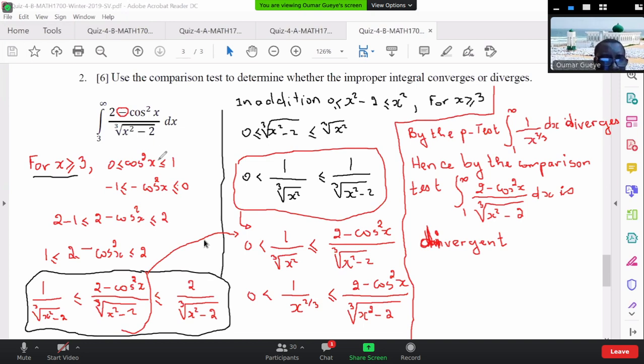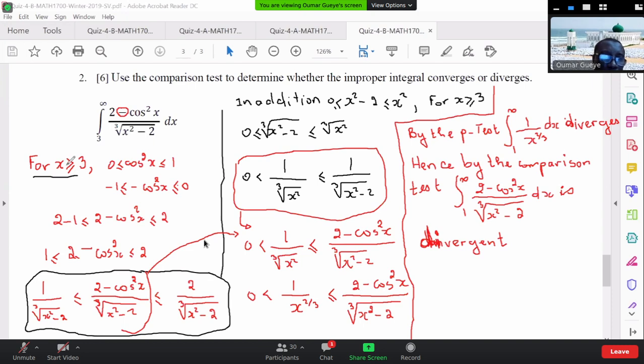So the beginning, here, yeah, because at the beginning I said my x is greater than 3. It means the smallest value for x is 3, because x is taking all values from 3 to positive infinity.